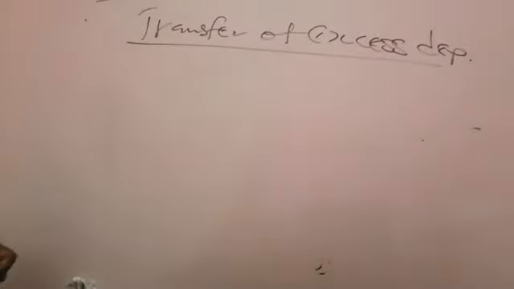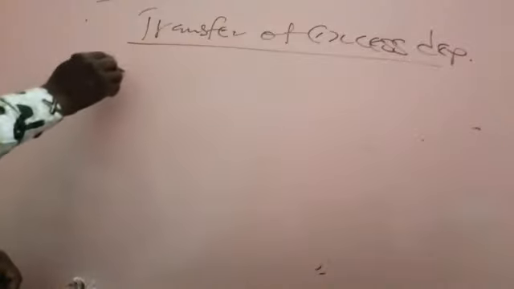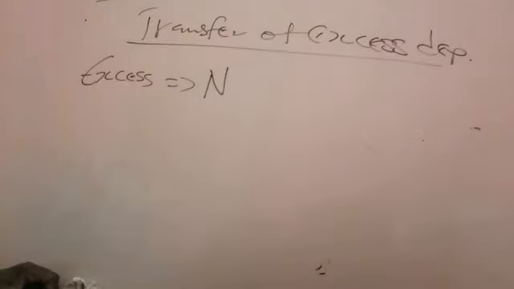But just what we call transfer of excess depreciation. Now, first of all, there was something called asset depreciation. How do you calculate asset depreciation? It is the difference between the new depreciation charge per year, that's depreciation after valuation, and then depreciation before valuation.